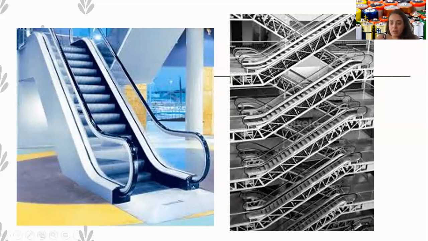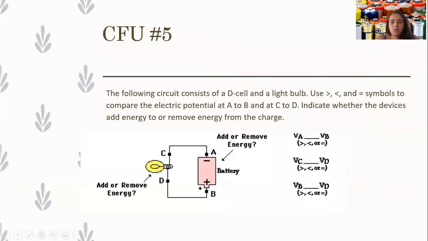Alrighty, moving along. Our last check for understanding, I think, is one of the most difficult questions for today. Take the next 2 minutes to answer this question for yourself. Once I'm done reading it, press pause so you can take those 2 minutes, and then we'll come back and go over the right answers.